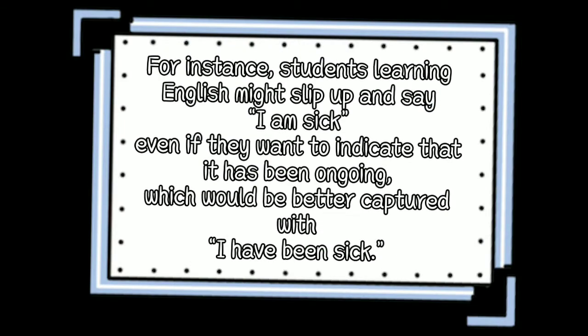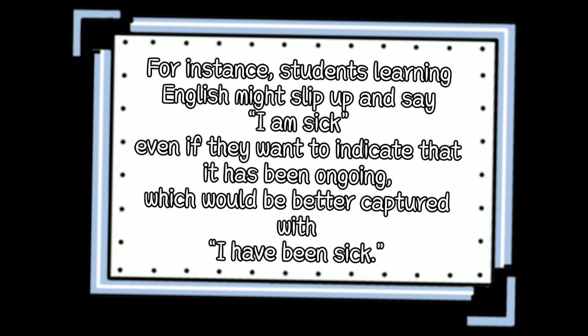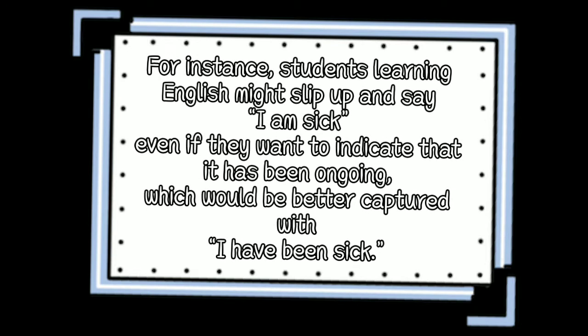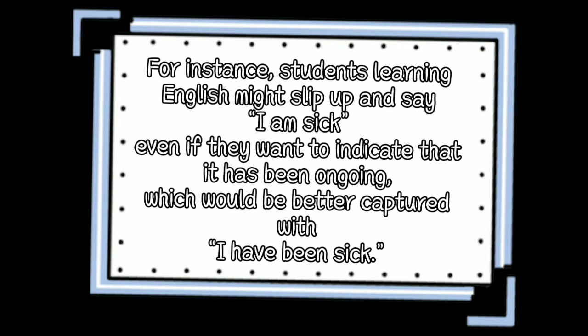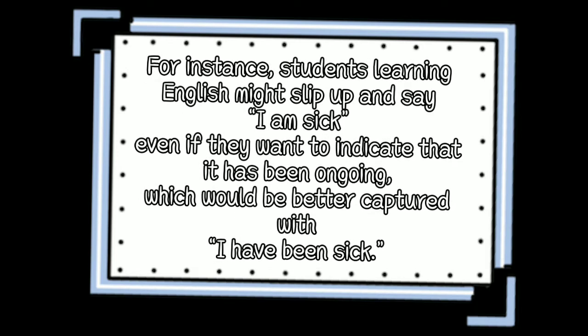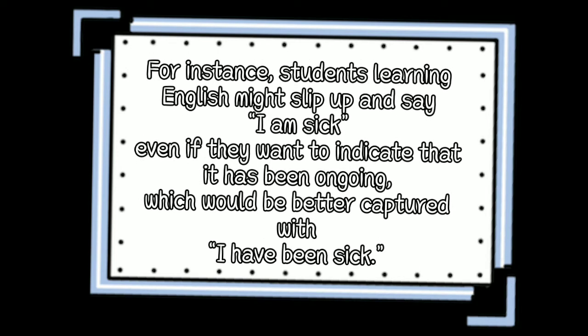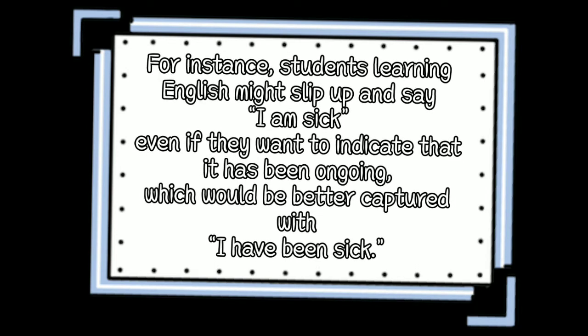These are some common mistakes in language learning. First, failing to use proper verb tenses. For instance, students learning English might slip up and say, "I am sick," even if they want to indicate that it has been ongoing, which would be better captured with, "I have been sick."